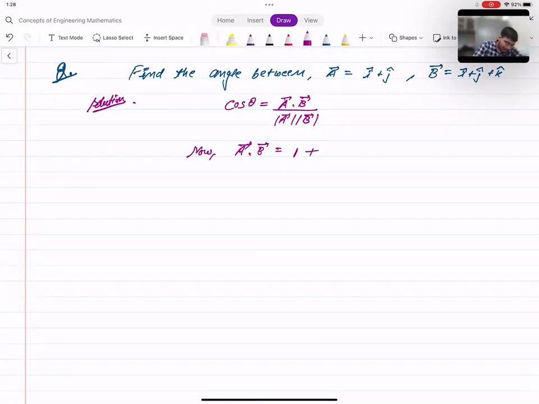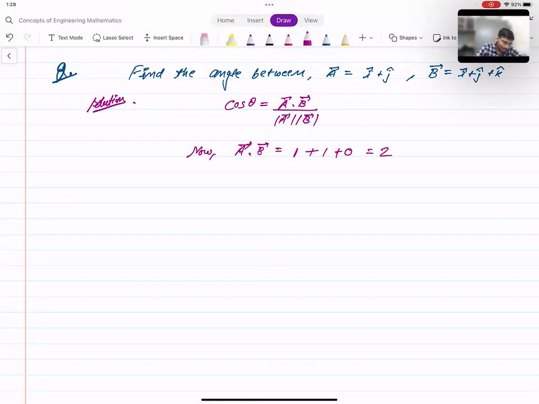Then we add the product of the next components, 1 into 1, again 1, and the Z component of vector A is 0, so 0 into 1 results in 0. So this comes out to be 2. It also becomes clear that the dot product results in a scalar value. So 2 is a scalar.